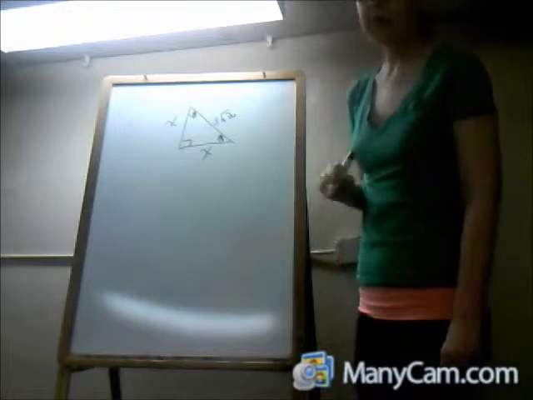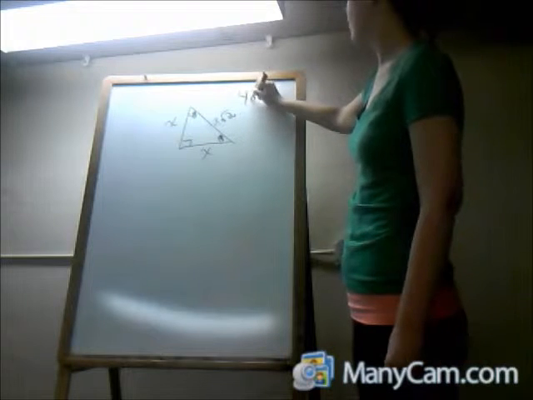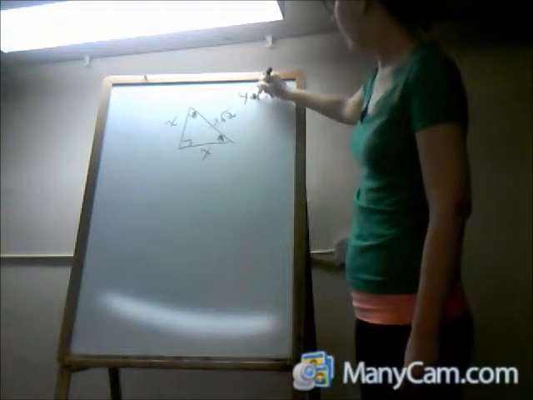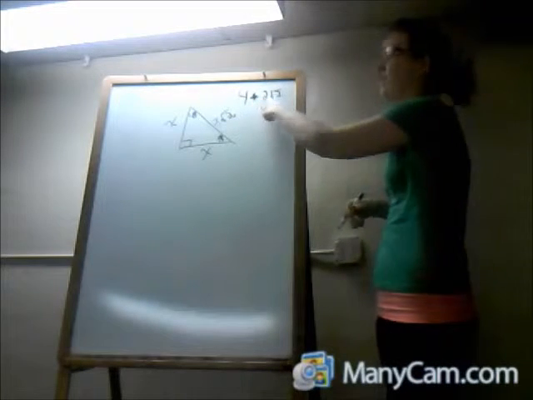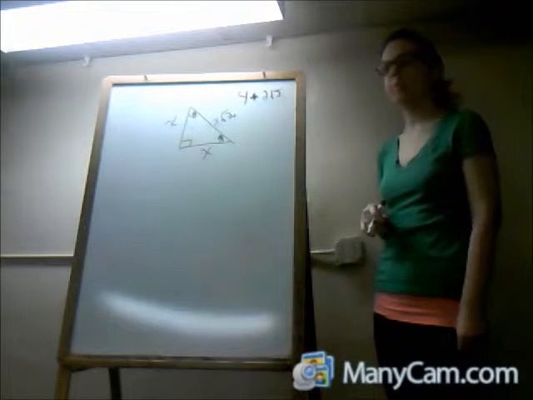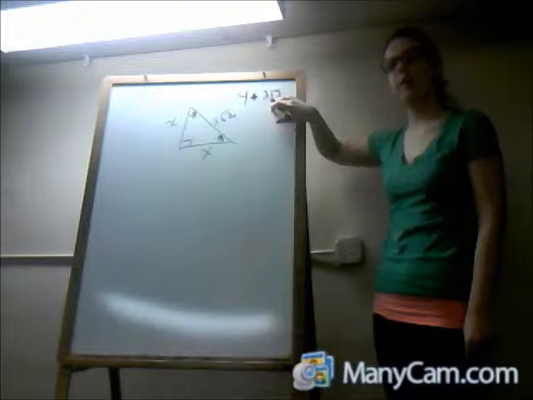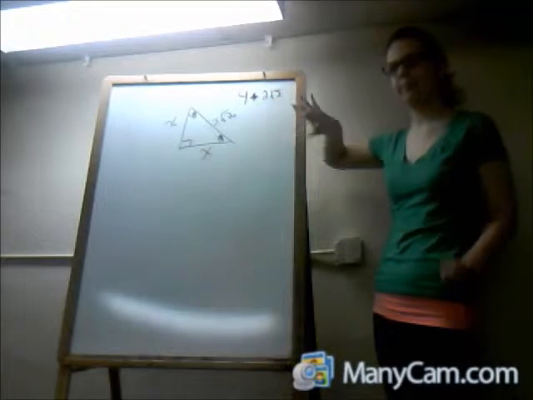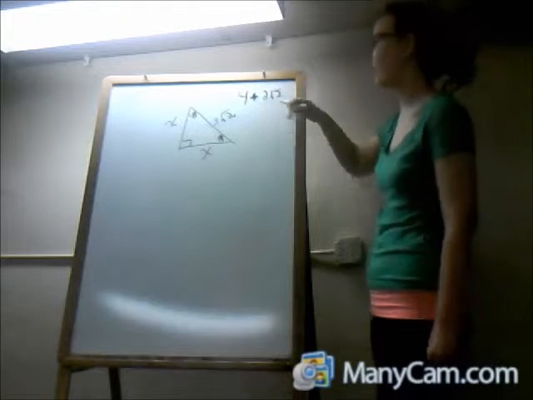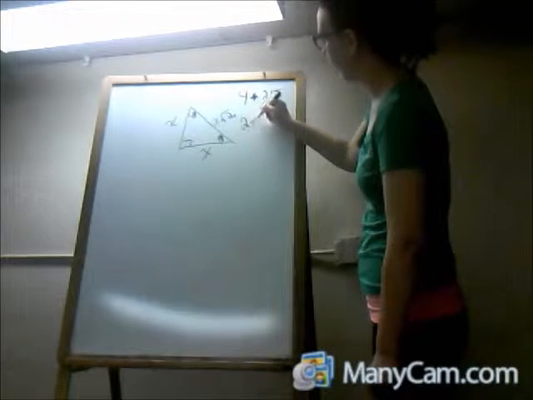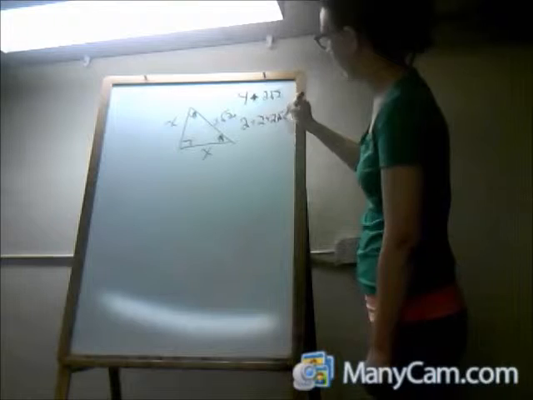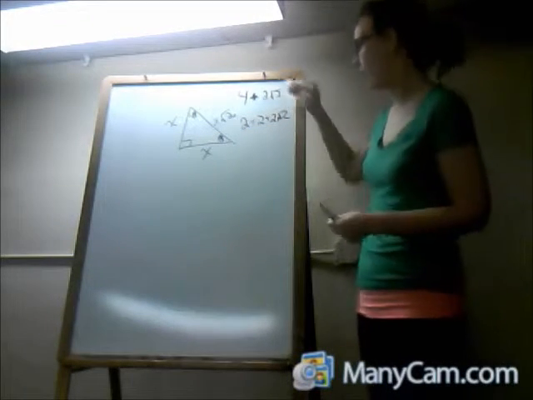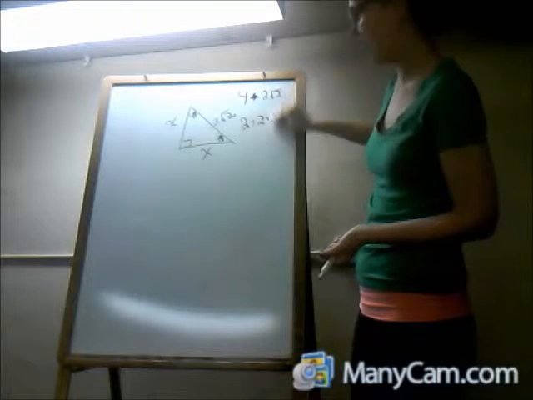Then, if they're telling us the perimeter is 4 plus 2 root 2, it looks like x is 2, and that should be kind of intuitively obvious. Does that seem intuitively obvious? Basically, we're saying 2 plus 2 plus 2 root 2, which would fit perfectly if x were 2. Okay, so your answer is that x is 2.